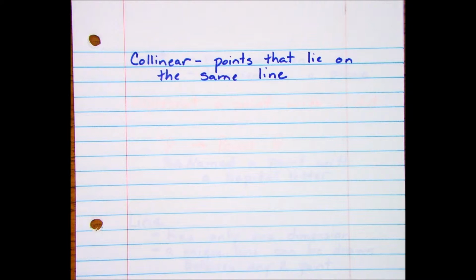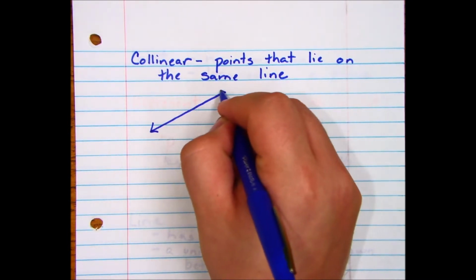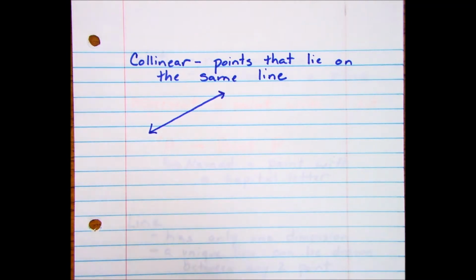So collinear is just any amount of points that lie on a line.